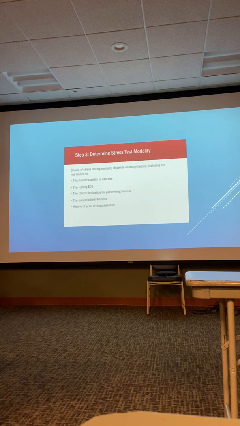I don't know how to make a flow diagram on this, so I'm going to tell you how I think about this. I thought we'd have a board, but I don't think we do. Can the patient exercise? We always want to exercise when they can exercise, unless they have a left bundle branch block, a pacemaker in place, they're on digoxin, or they have a really abnormal resting EKG.